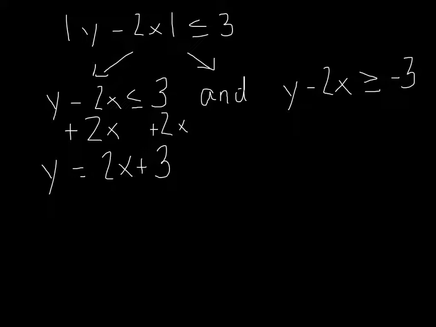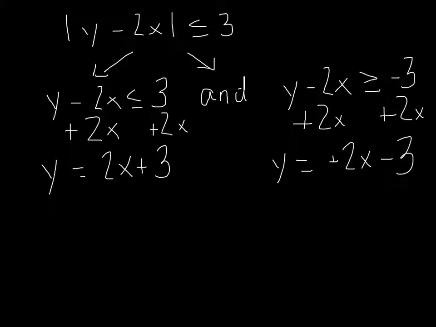Let's do the same thing to this problem. We add 2x and we have y equals positive 2x minus 3. So now what we have is two boundary lines.